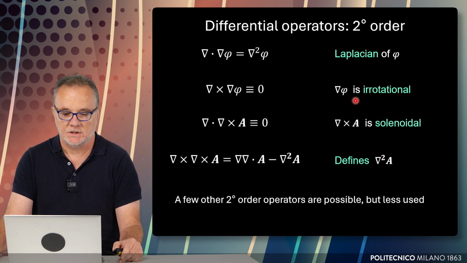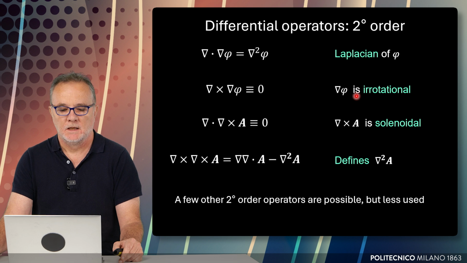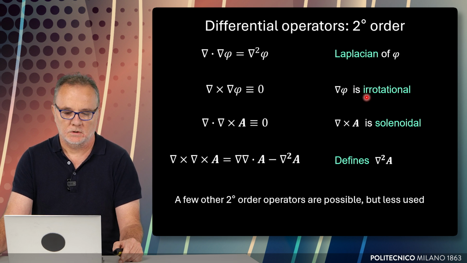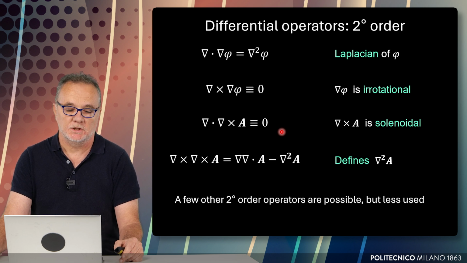We say for this reason that the gradient of phi is irrotational, no curl, and it is also called conservative. We can apply the divergence to the curl of A, and we obtain identically zero also in this case, and if a field has zero divergence everywhere in space, we call this field solenoidal.